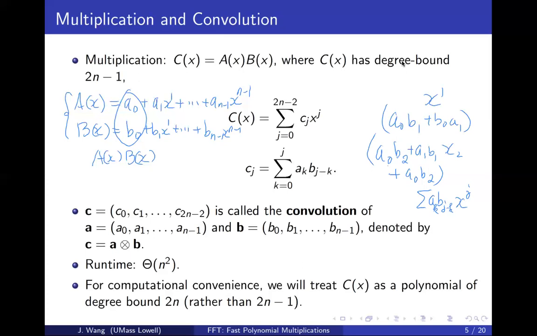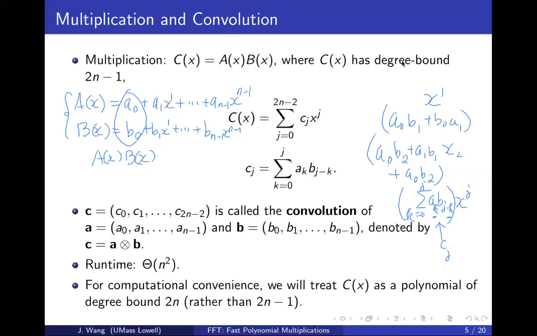Zero and 2, and 1 and 1, so these two indices, when you add them up, should be equal to j, and k here is from 0 to j. This is a coefficient, and we're going to call this coefficient Cj.